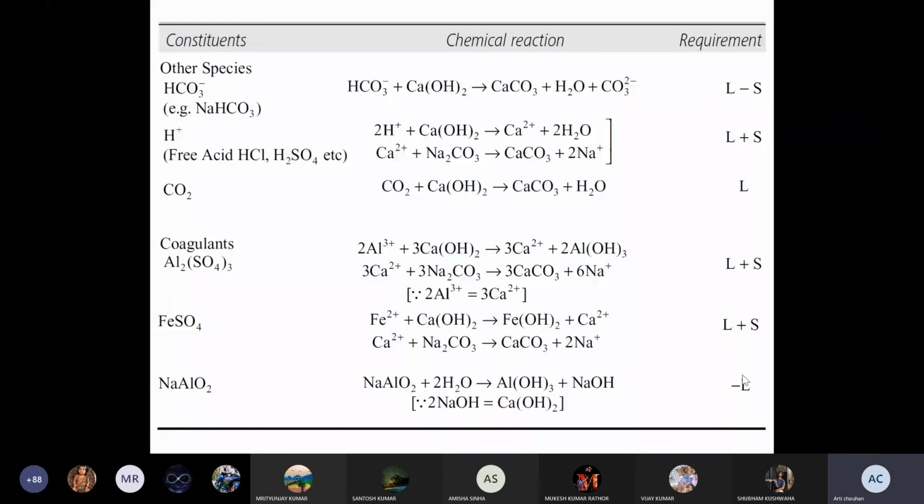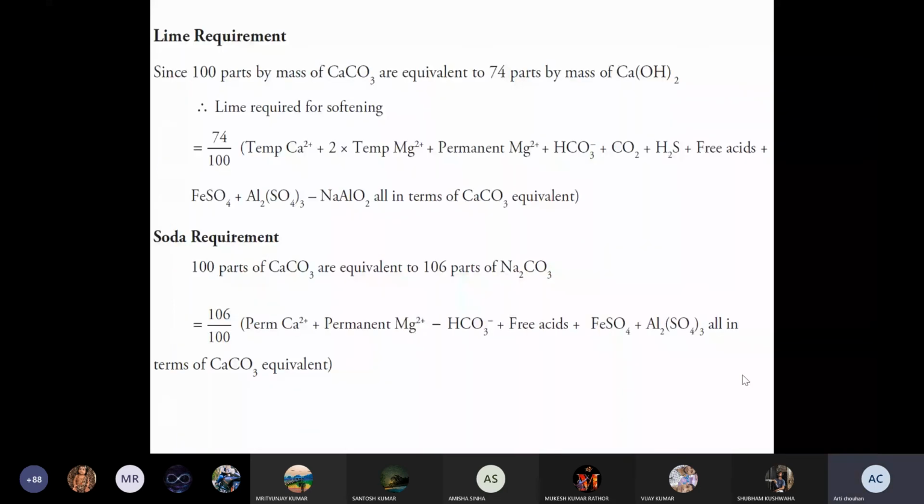Okay, so now after getting all the chemistry involved in the process of softening, you are able to understand how much lime is required if certain substances are given in the water sample, or certain kinds of hardness are there. During the industrial process of softening in an industry, first you must be aware of the hardness, second you must be aware of how to calculate the hardness.